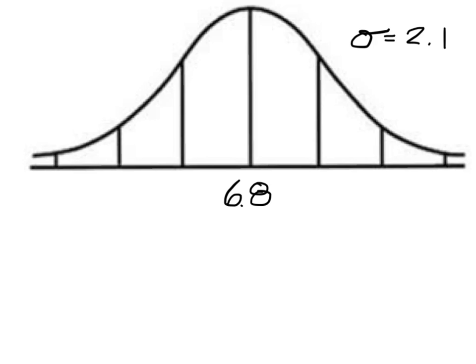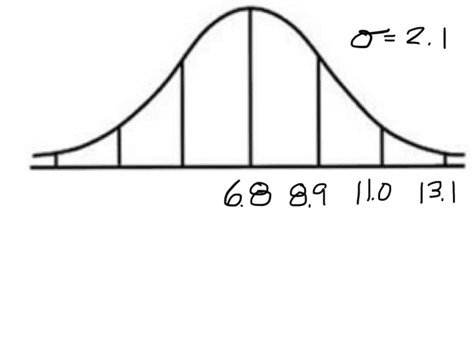So we have to add 2.1 as we go to the right. So 6.8 plus 2.1 is 8.9. And then add another 2.1 to get 11.0. And then add another 2.1 to get 13.1.